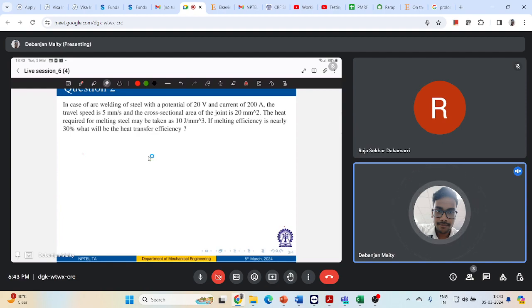So my voltage is 20 volt. My current is 200 amp. So what will be the total heat supplied to the workpiece?